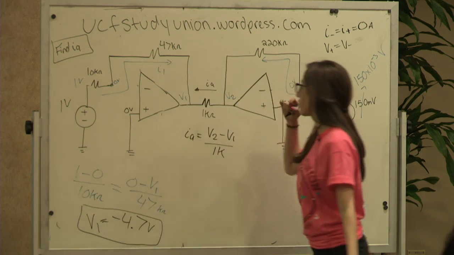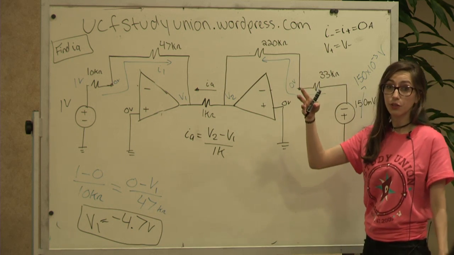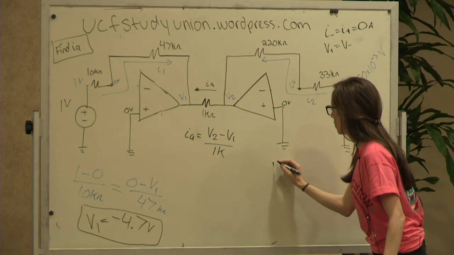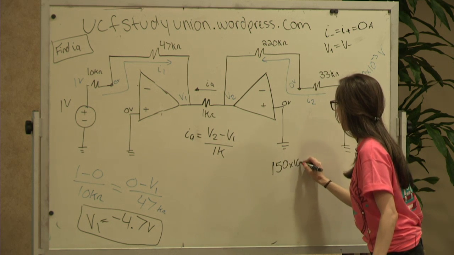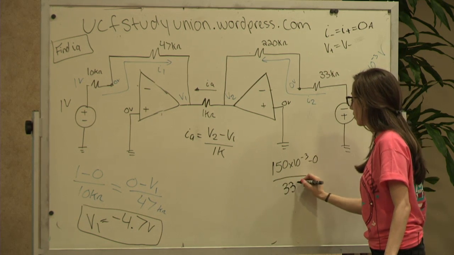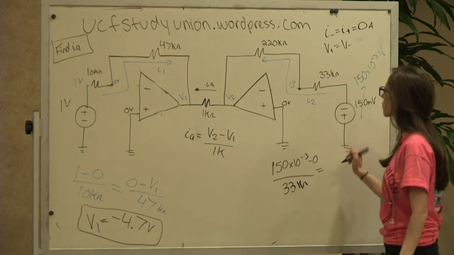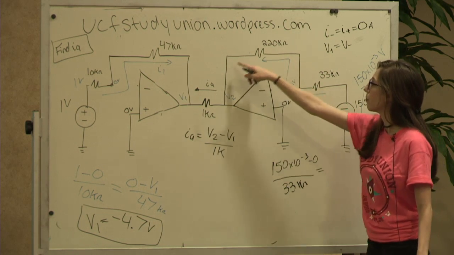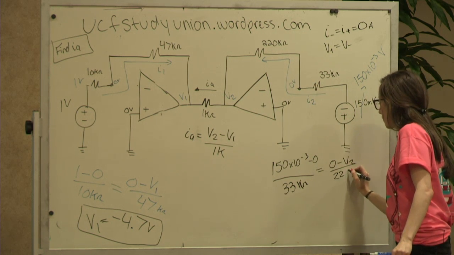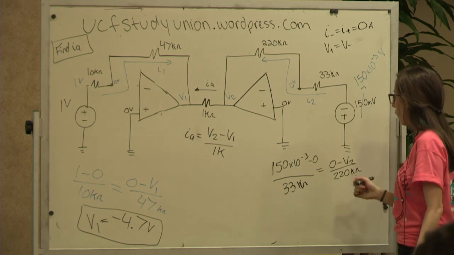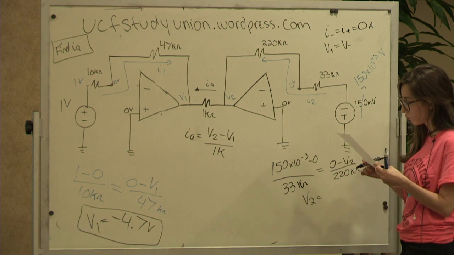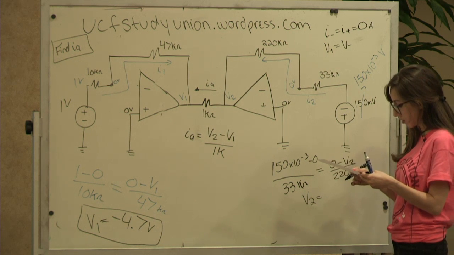Likewise, over here, you're going to do the same exact thing. I2 equals I2. So this I2 will be 150 times 10 to the negative 3 minus 0 over 33, which equals the same current, 0 minus V2 over 220. That's also one equation, one unknown. So V2, you'll end up getting, looking for it.